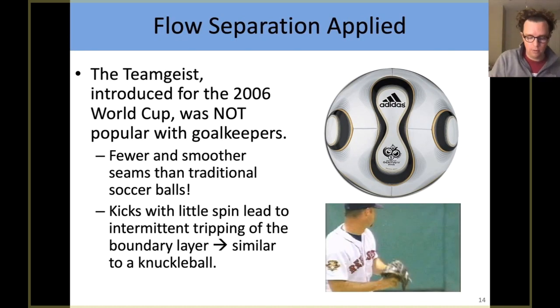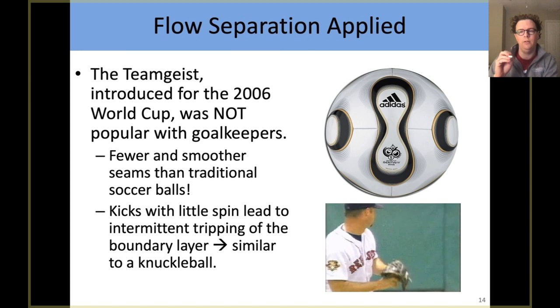One more example, again sports related, is the way that an object is going to move through the air. This was the Adidas ball shown at the top of the screen. This was a new design that Adidas came out with for the 2006 World Cup, and one that caused a lot of controversy. A traditional soccer ball has 32 panels.